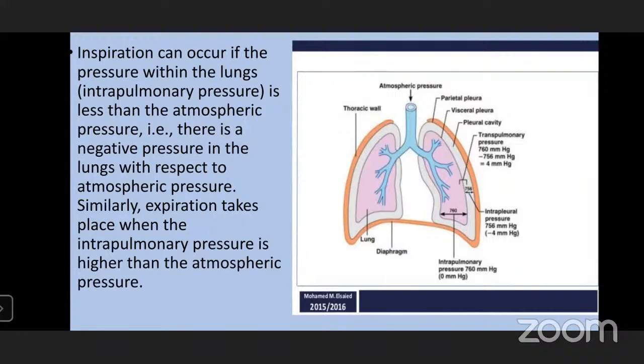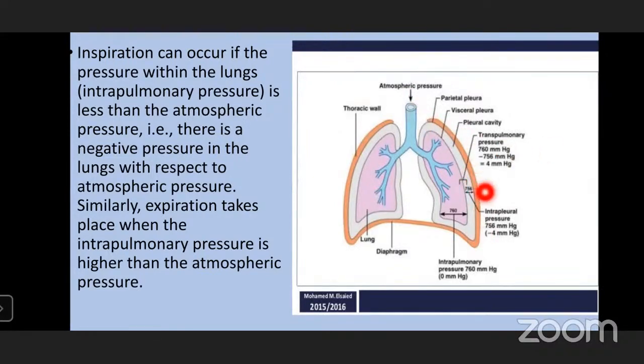So the air will move from high pressure to low pressure, right? That's what is happening in inspiration, because the pressure in the lungs is less and in the atmospheric air the pressure is more. So the gases will move from high pressure to lower pressure area.